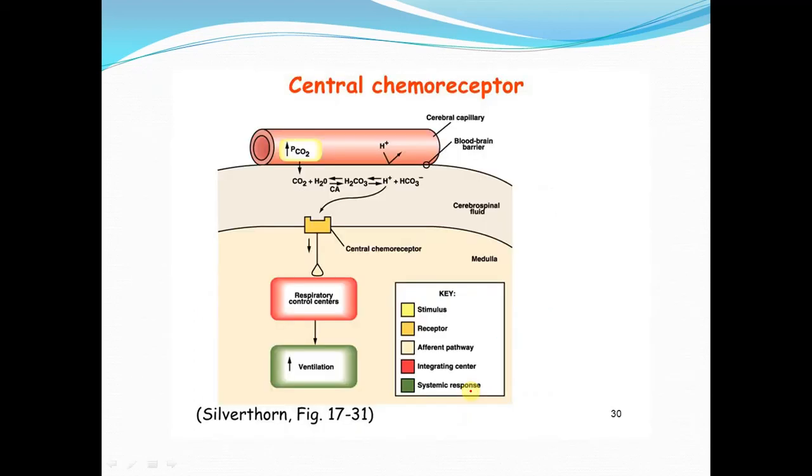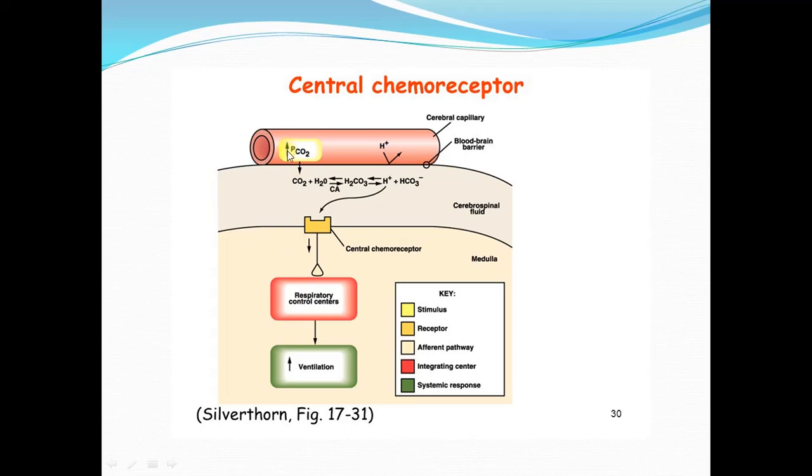Now look at this diagram. This diagram shows us the central chemoreceptors. You can see here, these are the central chemoreceptors, and these are the respiratory control centers present in the brainstem.